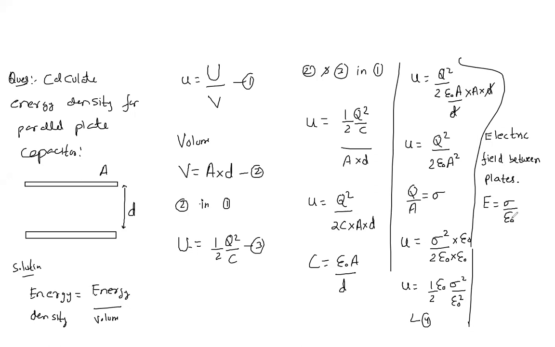This was the expression of field between the plates of the capacitor. This is 5. If I substitute 5 in 4, the energy density will be half epsilon naught E square. This is the energy density between the plates of the capacitor, half epsilon naught E square. This is the desired result.